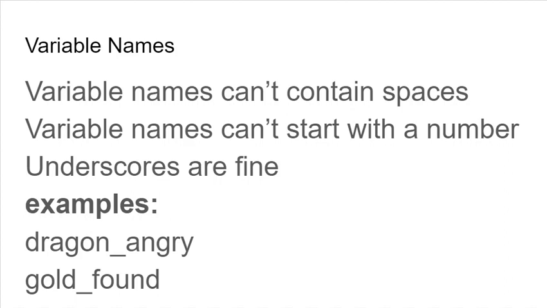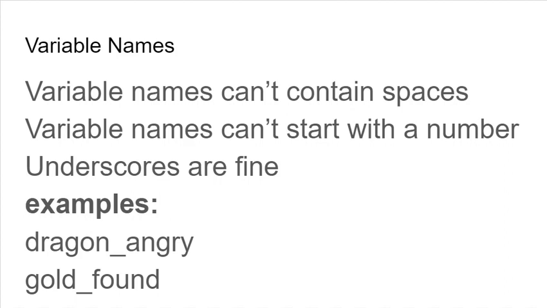So give your variable names that indicate their purpose in your adventure, and that will make figuring out your code a whole lot easier. This is how I typically name my variables. You can also use Java style variable names where you don't have the underscores and every word starts with a leading capital.